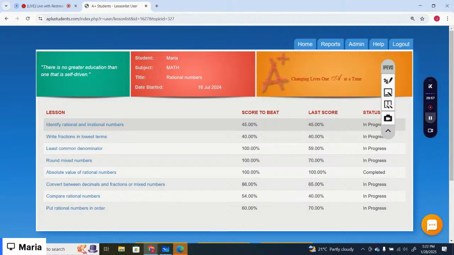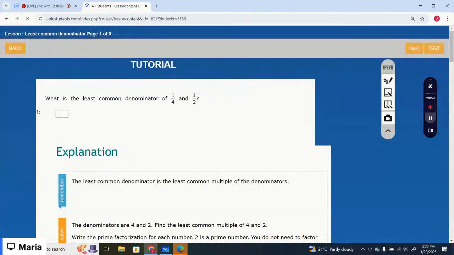The next lesson is least common denominator. So let's start with the lesson. What is the least common denominator of 1 by 4 and 1 by 2?